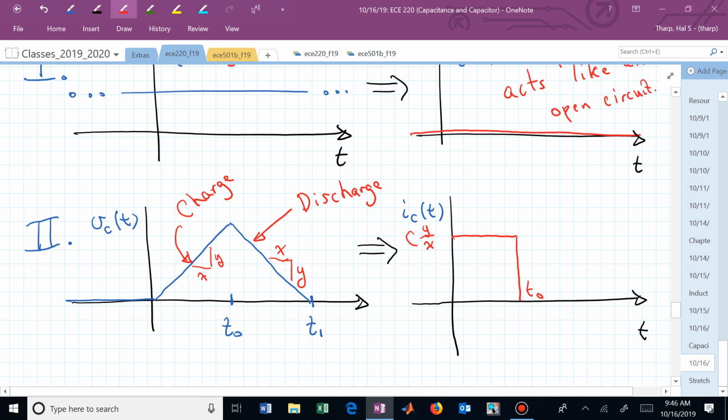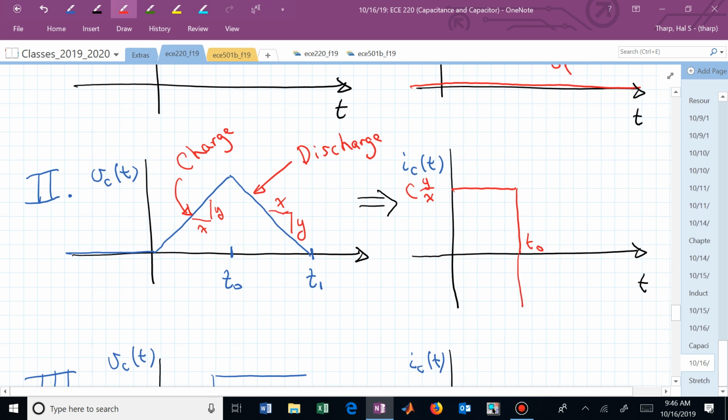And then what happens? Now my slope changes to a negative, and my current is now minus C y over x. And here I actually have a step change in the current.